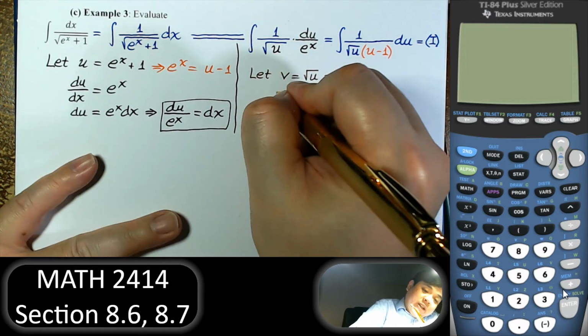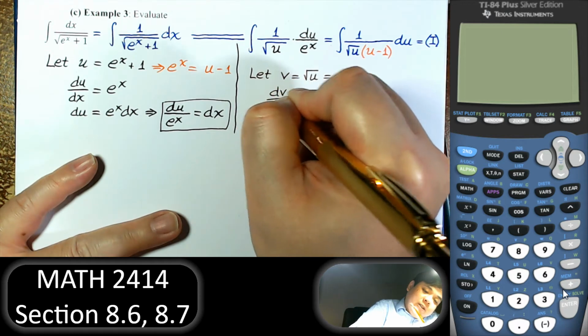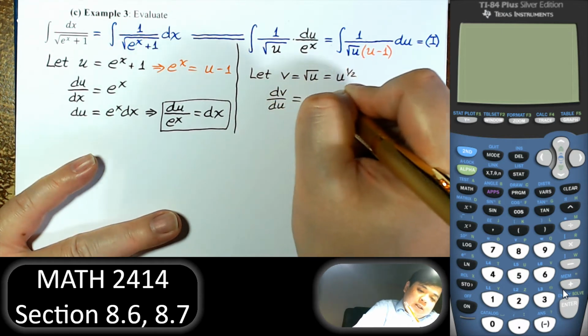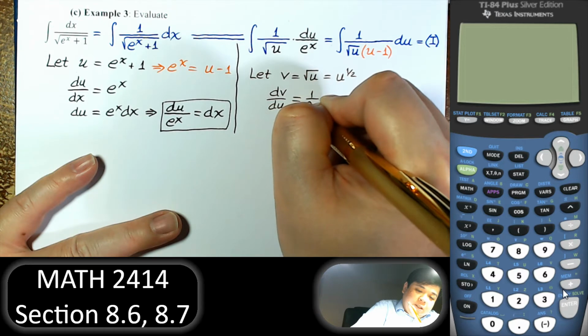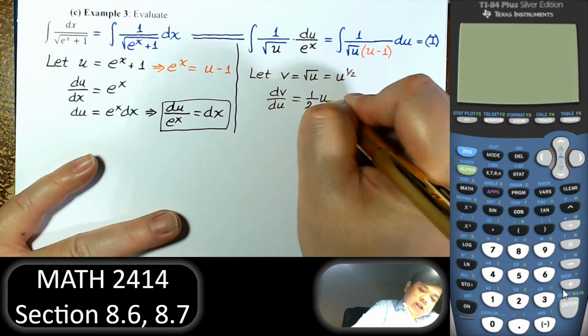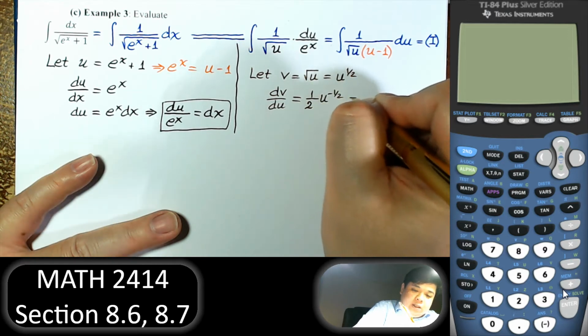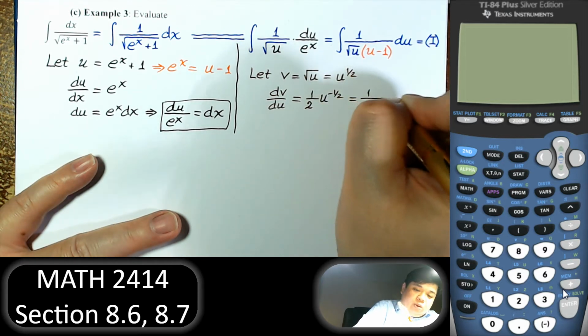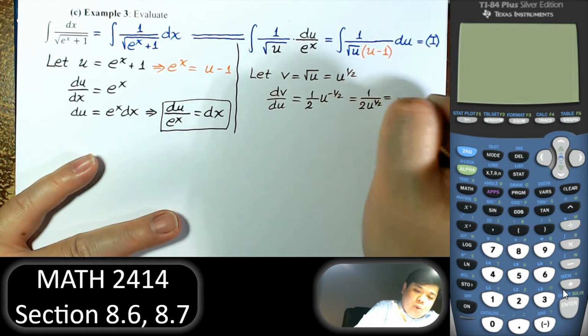We take the derivative: 1/2 u to the negative 1/2. Move u to the negative 1/2 to the bottom, would turn into 1 over 2 square root of u.